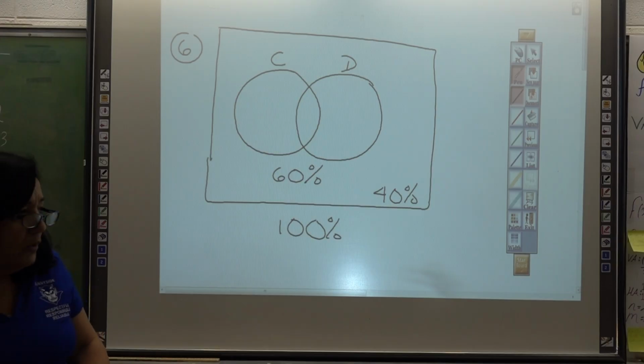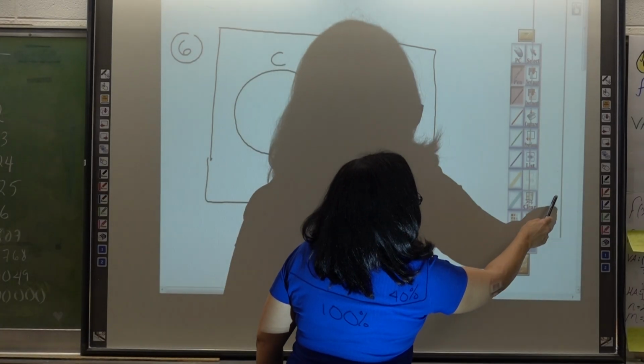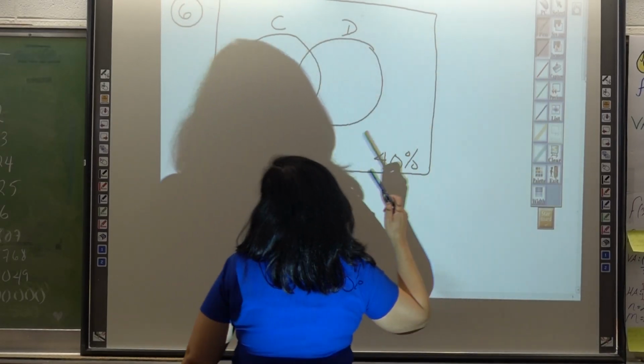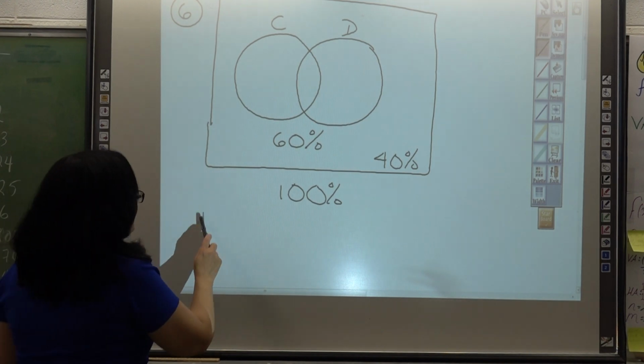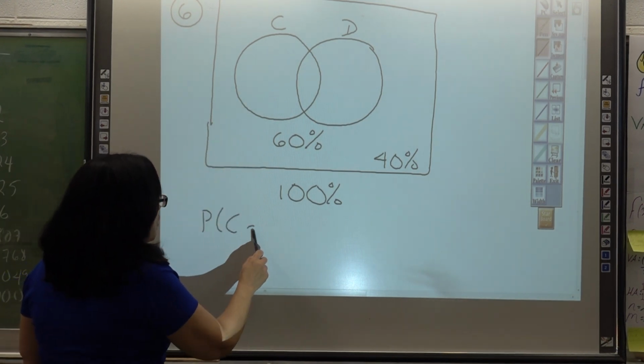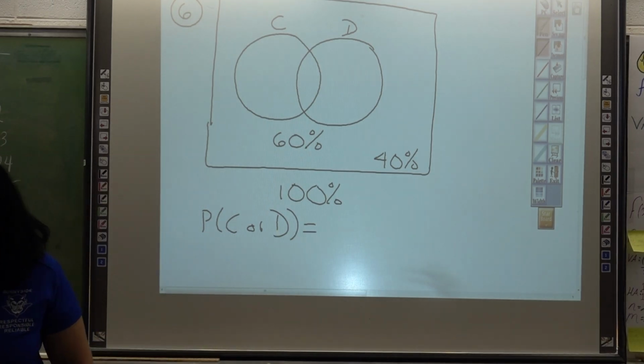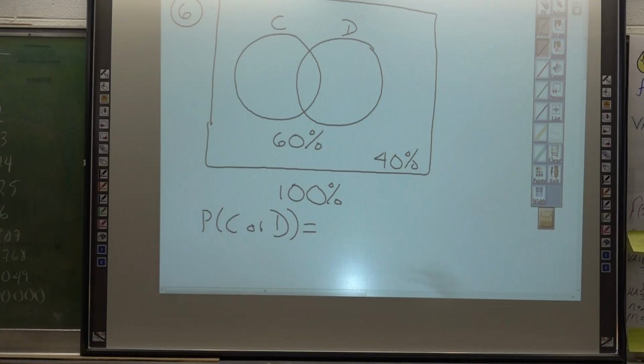Okay? So we're going to use a formula that we went through in class. It's the probability of A or B, of the union. Probability of C or D is going to be the probability of C. Who remembers the formula for this?